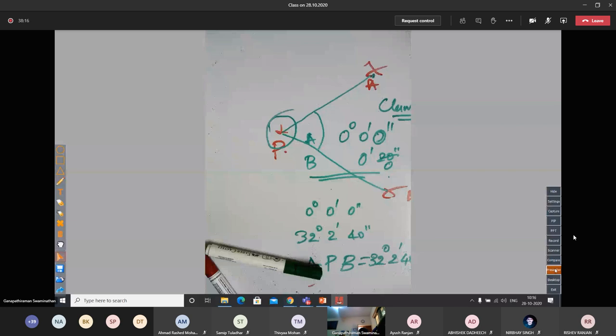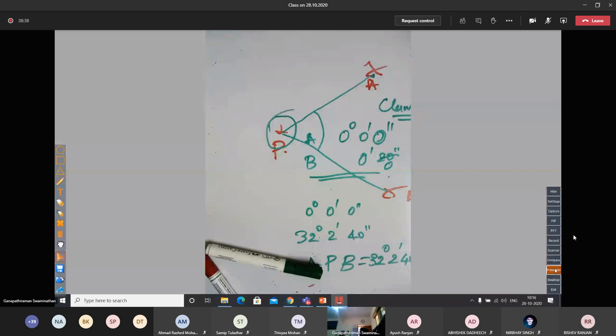Then I release the lower clamp, bisect the point A, and the reading will not change. Then the movement of the horizontal plate is arrested by using the lower clamp, and I release the upper clamp and then bisect the point B. The reading on the vernier will change.